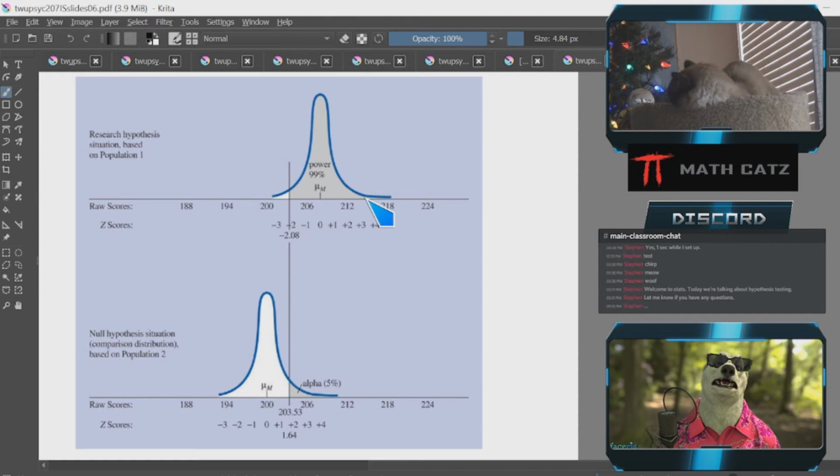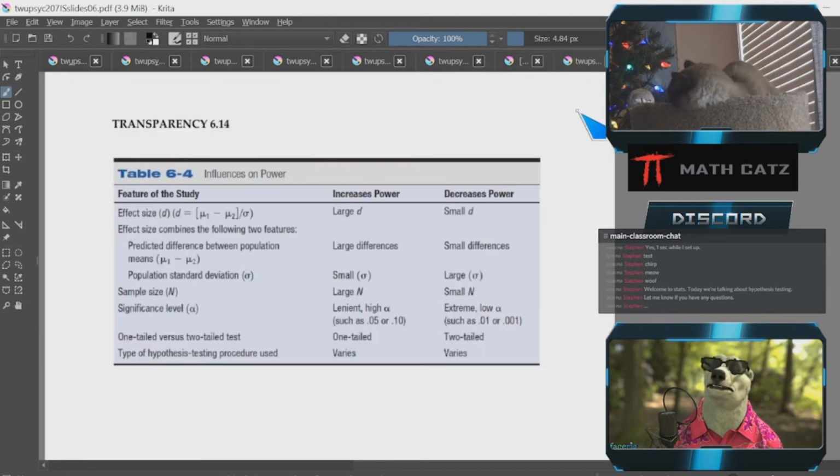Okay, so that's the first important note. But of course, there are other things worth mentioning when it comes to power. The effect size is very closely linked to power. If the effect size goes up, the power goes up as well. The effect size corresponds to the predicted difference between the population means.